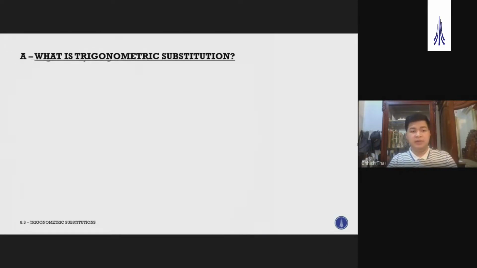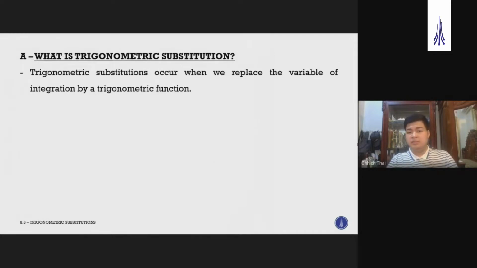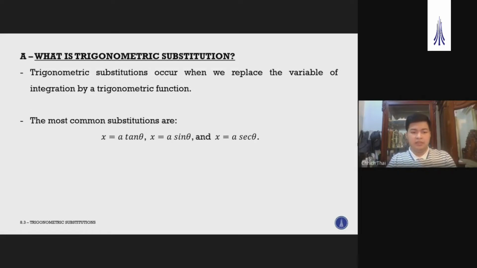So for the first part, what is trigonometric substitution? Trigonometric substitution is a kind of substitution that occurs when we replace the variable of integration by a trigonometric function. These are the most common substitutions: x equal to a tangent theta, a sine theta, and a secant theta.